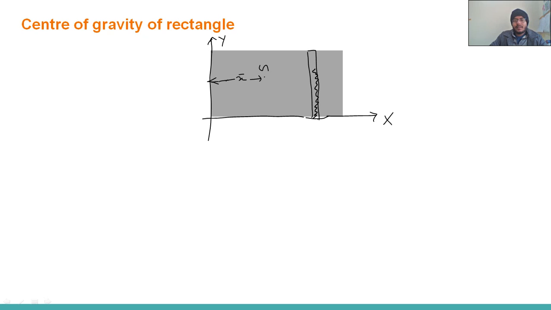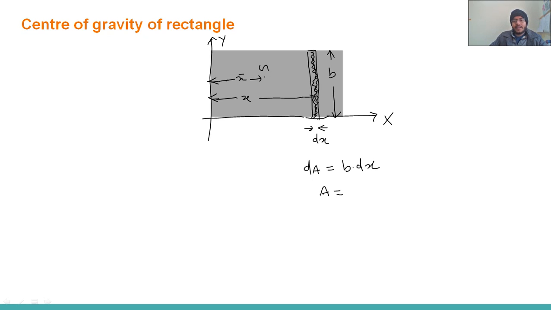Why am I doing this? Because then x dash will be constant. This will be the x distance from here, and the width of the strip is dx. So the small area for this strip: what is the length? Here b. And what is the width? dx. So we can write b into dx.